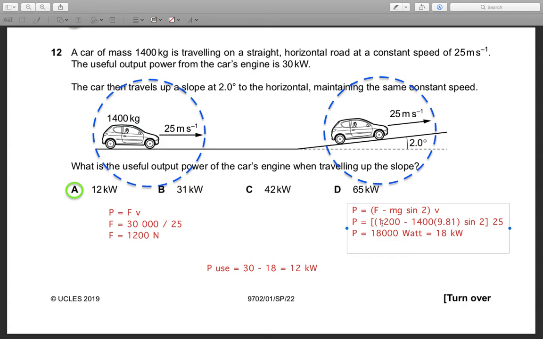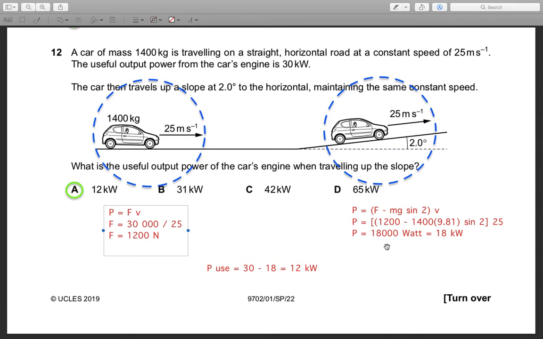We get a force equal to 1200 newton, and when we put it here, mg is mass 1400, g is 9.81, times sine 2 and times 25, we get the power equals 18,000 watt or 18 kilowatt.